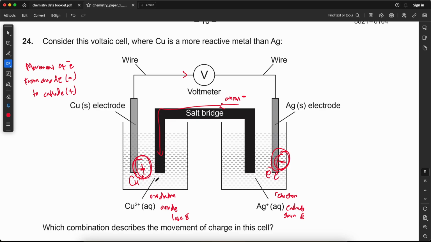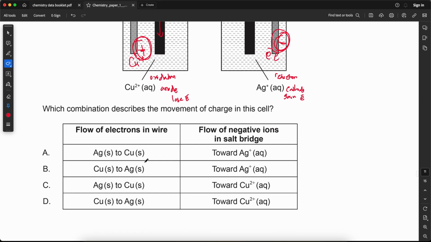All right, so the negative ion will go towards Cu2+. So flow of electron from anode to cathode, so from Cu to Ag, and the flow of negative ions in the salt bridge is towards Cu2+, which is 2 positive.